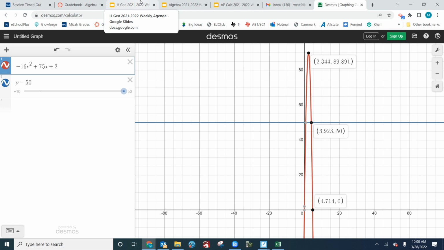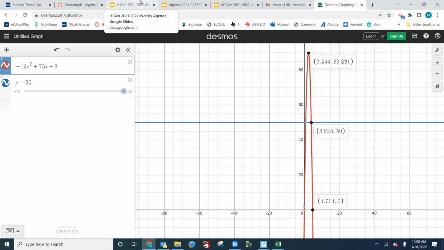What do you think, Luca? 4.71 seconds. Is that a good punt? That's up in the air almost 5 seconds and went 89 feet in the air. Yeah, that's a really good punt.